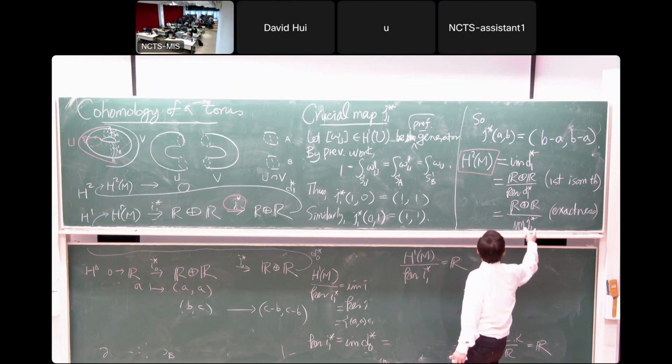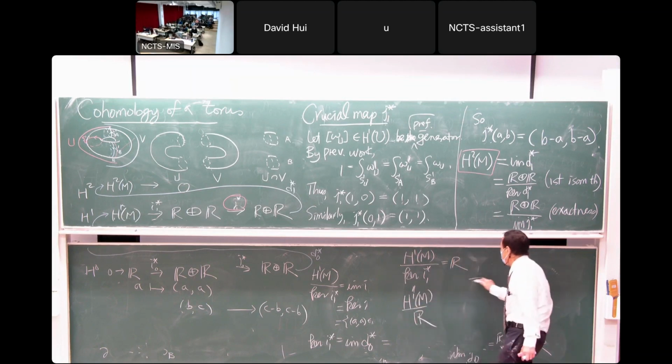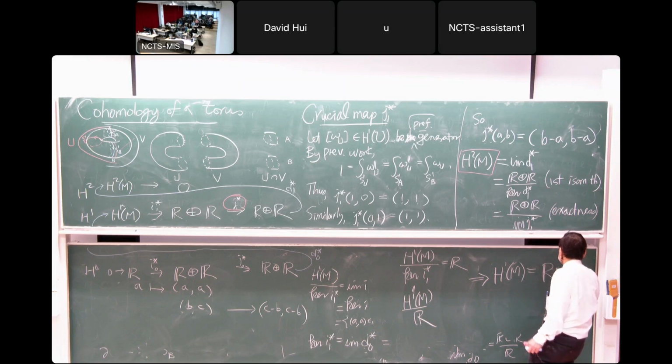But the kernel of I1 star, I have just determined to be R. So H1 of M over R is R. And that implies that H1 of M is R2. Okay?